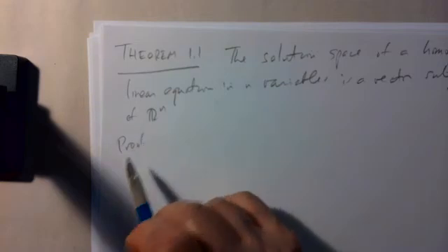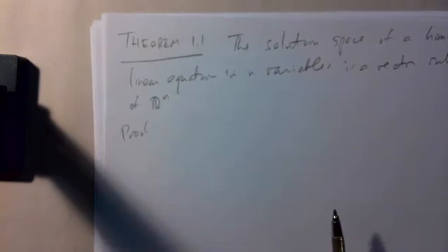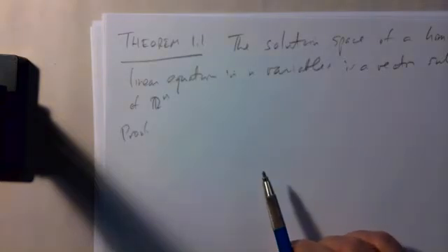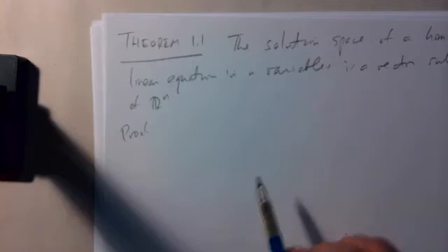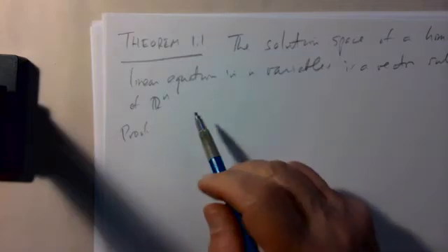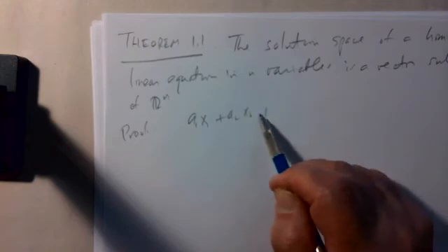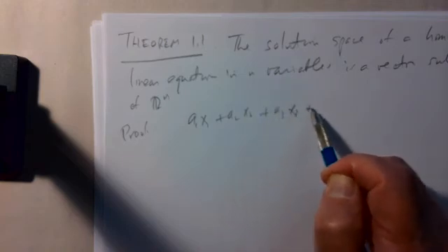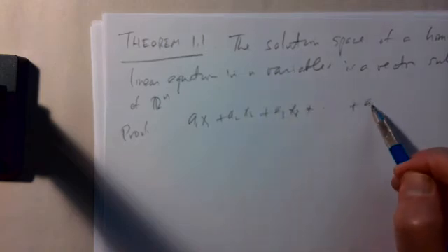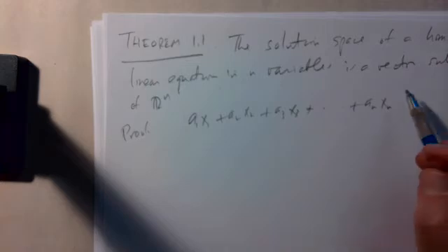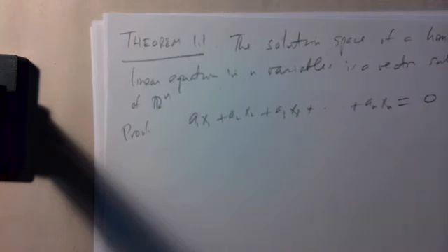And the proof goes as follows. Suppose this is our equation, a1x1 plus a2x2 plus a3x3, and so on. They're n variables. And homogeneous means the right-hand side is 0.